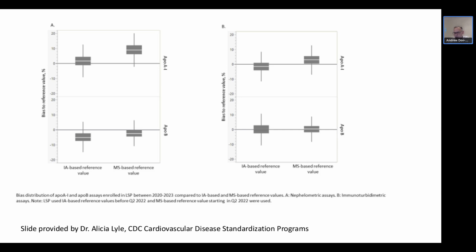And for ApoB, which is the lower box and whisker plots, you can see that the ApoB is moving closer to the target, the 0 point, particularly on the immunoturbidimetric methods, with the nephelometric methods still showing a slight negative bias, but the precision is also improving in those, and the boxes are tightening up. So it looks like there's some improvement with the performance of the methods when you start using a mass spec-based reference value for the target.